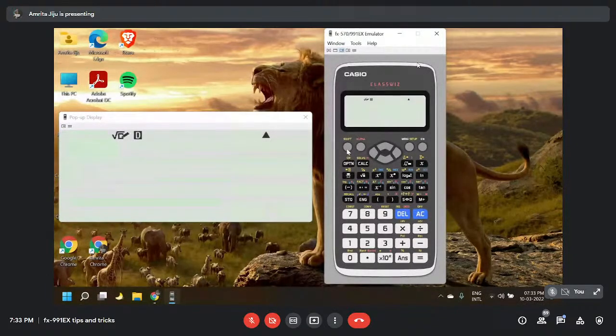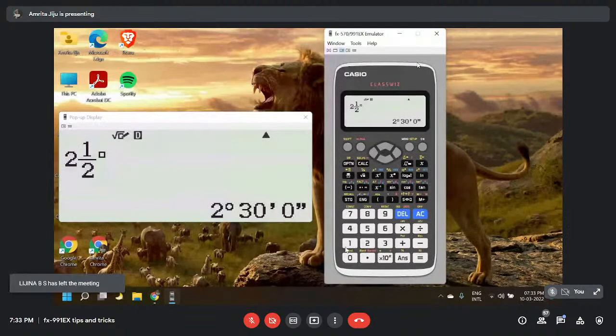Okay, I want to know what 2.5 hours is. It's like a time calculation. I just want to see how much time is 2.5 hours. So I click 2.5 and then the degree symbol, so that I get 2 hours, 30 minutes and 0 seconds. This is how we read this particular expression.